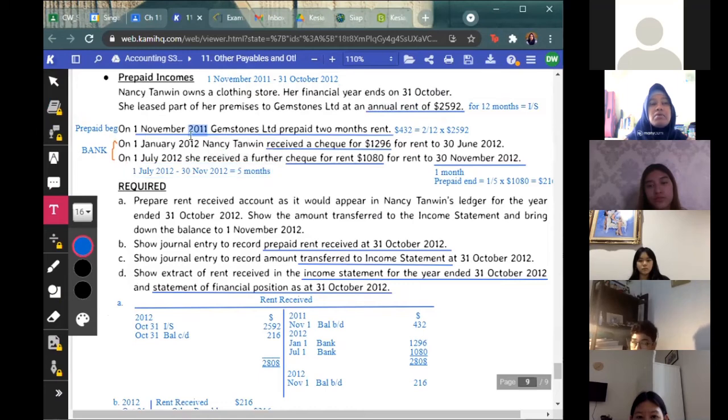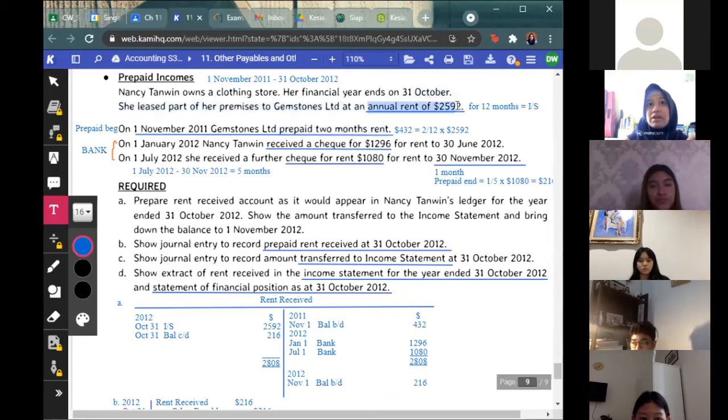Next, yeah? 1 November 2011, Gemstones prepaid 2 months rent. You are not given the amount, so you have to find out how much 2 months rent is. Then you are able to analyze.